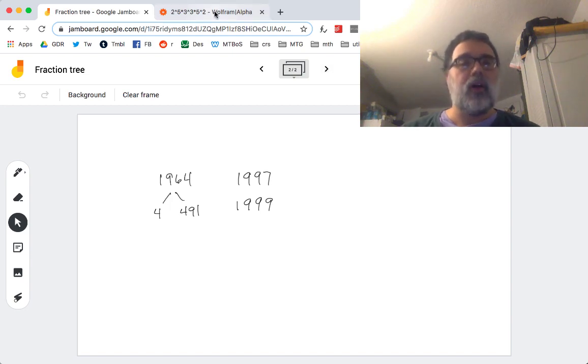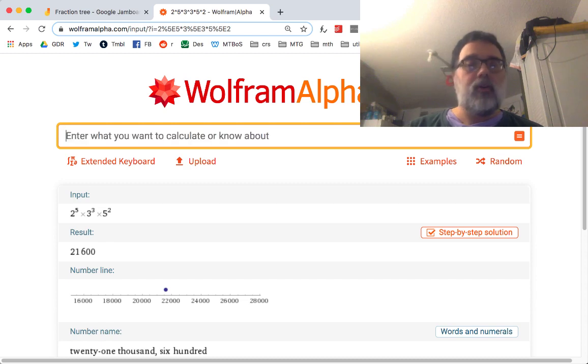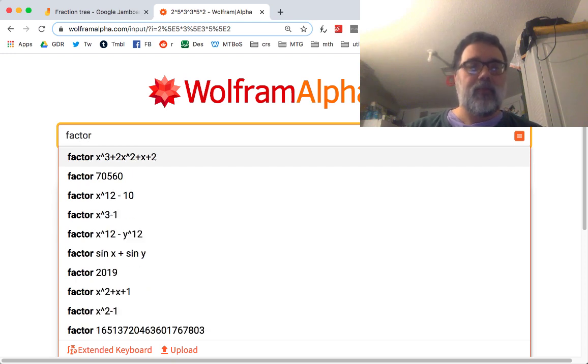Right? So a tool that we haven't used in class is Wolfram Alpha. It's just wolframalpha.com, and it's free, and it's not exactly a calculator. It's what Stephen Wolfram calls a computation engine. So you can ask it all kinds of mathy questions, and it'll give you the answer.